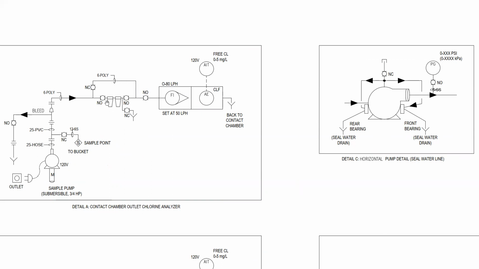If we have to change the filters, we have to bypass that first, then close these valves, take the filters out, put the filters back in, fill the filters back up, and then close the bypass valve. We don't want to run into the chlorine analyzer all the time because we'll gum up the sensors with hard water.